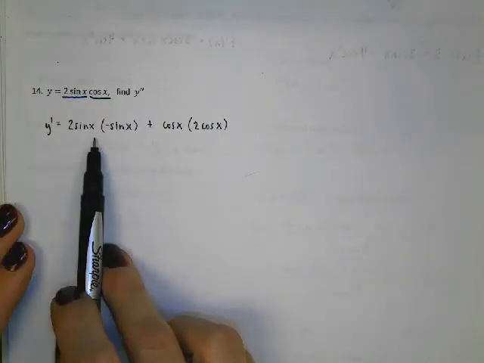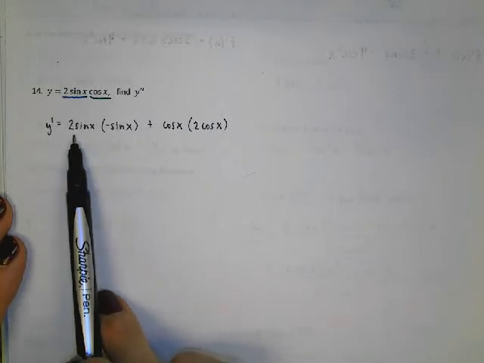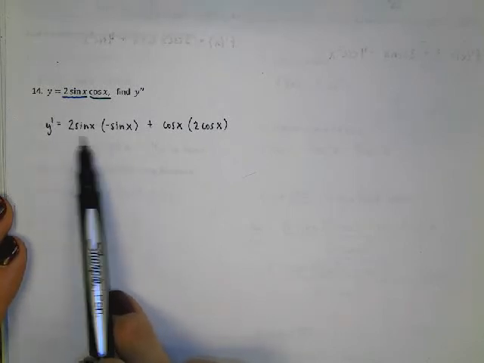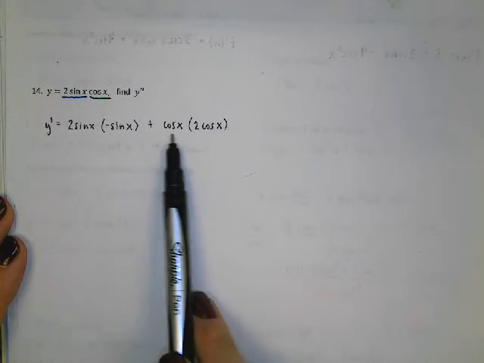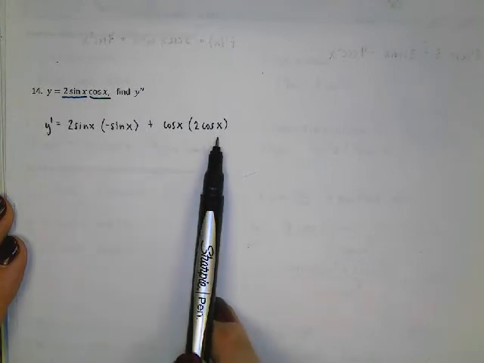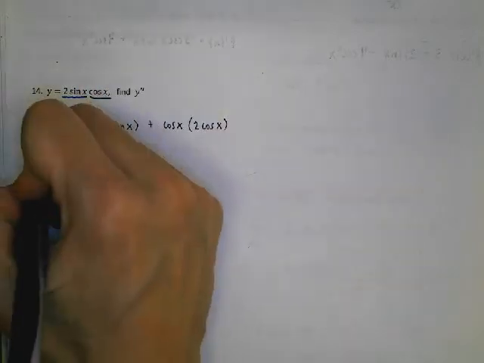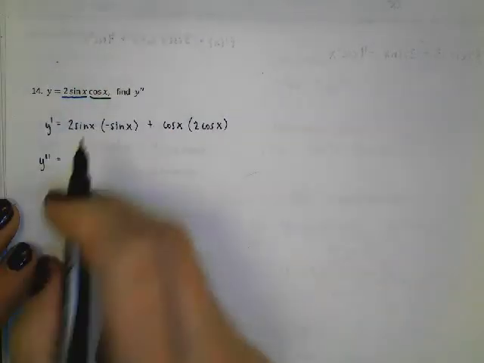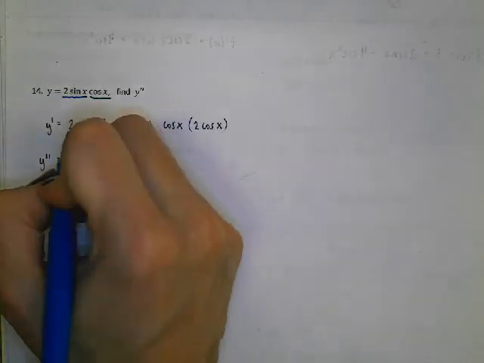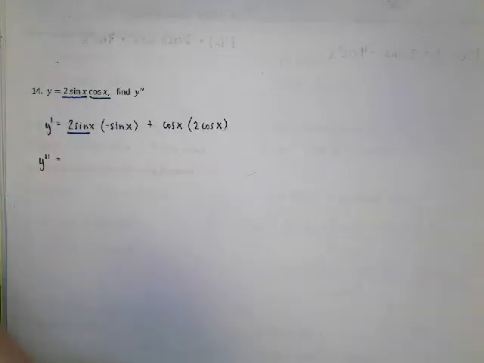So I'm going to leave them separate, and ultimately I have to do the product rule here, and I'm going to have to do the product rule a second time for this second term of my function. So let's see what that's going to look like. Now I'm treating this as my first, and here's my second function.